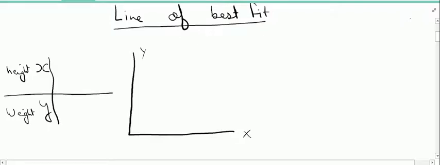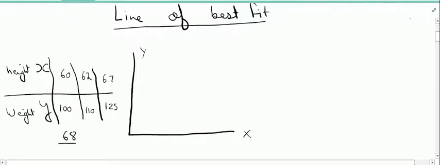Let us assume that an individual who had a height of 60 had a weight of 100. Let's say another individual had a height of 62 with weight of 110. Another individual had a height of 67 with weight of 125, and one more individual had a height of 68 and a weight of 135.